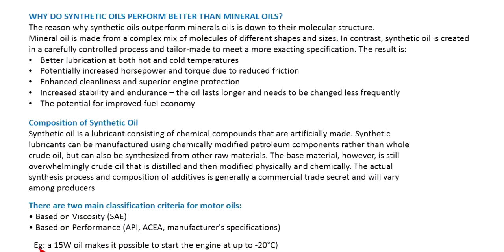For example, if they write 15W oil, it makes it possible to start the engine up to minus 20 degrees Celsius. So there are many such specifications one can see, and accordingly their suitability for lubrication conditions and purposes can be seen from the manuals that these standards have provided.